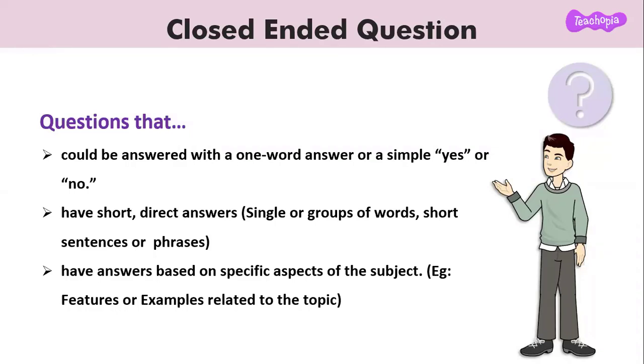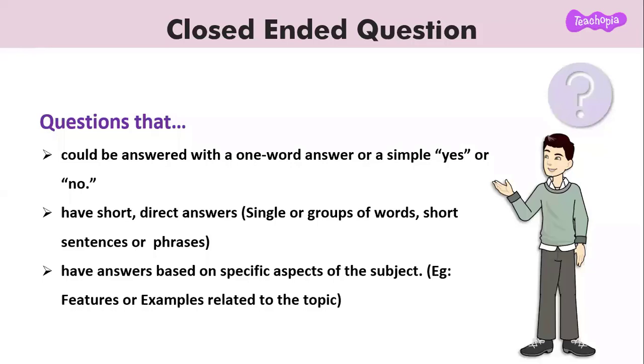And these are questions that are specifically based on particular aspects of the topic or the subject. So, for example, if you're asking for features of a topic, the answer will only be about features. If you're asking about examples, it will be only about examples of the topic. Unlike open-ended, where when you shoot a question, you have to give a lengthy answer, and the answer can be talking about a lot of things in a topic.